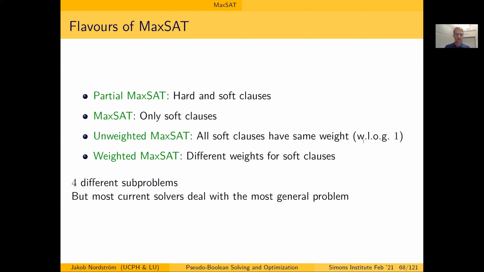So this gives us 4 different flavors of MaxSat, but the distinction is not so important these days, apparently, because most of the best solvers deal, without loss of generality, with the most general problem. So in what follows, we'll just talk about weighted partial MaxSat.